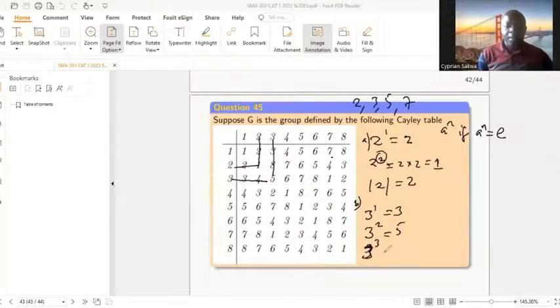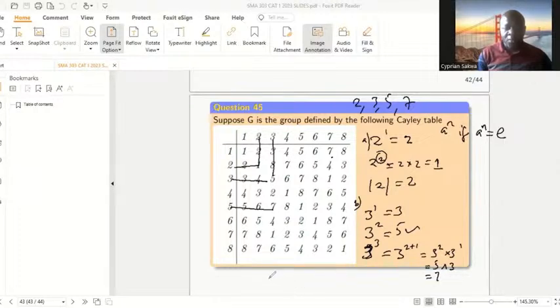That is 3 raised to 2 times 3 raised to 1. But 3 raised to 2 is 5, and 3 raised to 1 is 3. So what is 5 times 3? 5 times 3 is 7. So 3 raised to 3 is 7.